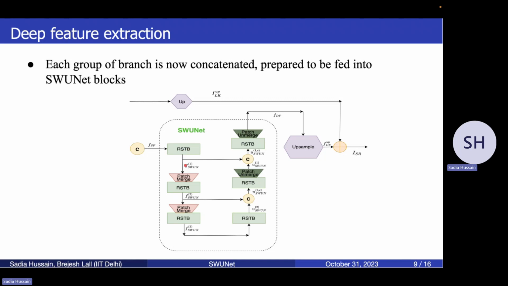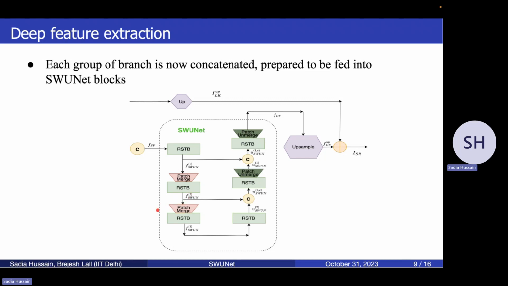After the residual Swin transformer block, we change the feature maps by engaging a patch merge block. After the patch merge block, we again use a Swin transformer block to give a specified F_swin2, which is the feature map from patch merge and Swin RSTB.